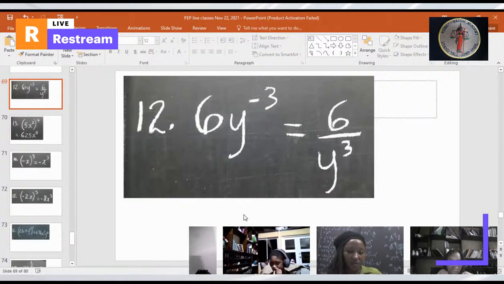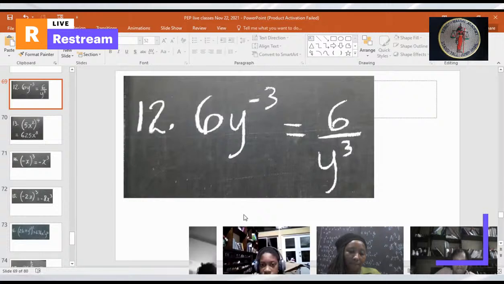Okay, John, your turn. Okay. This y to the negative third power equals 6 over y to the third. Make it the inverse. That's how you get that.